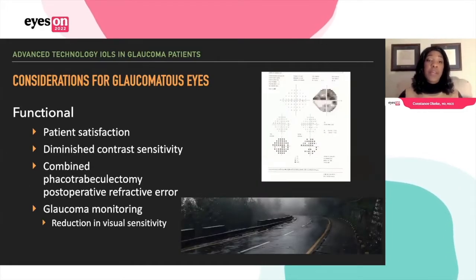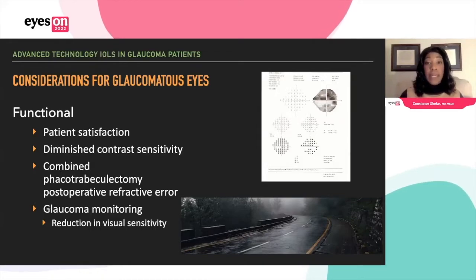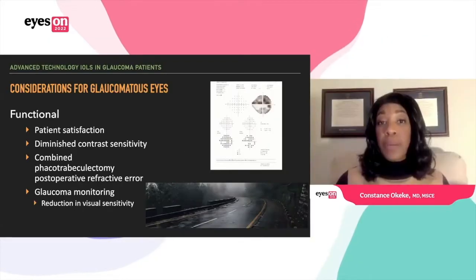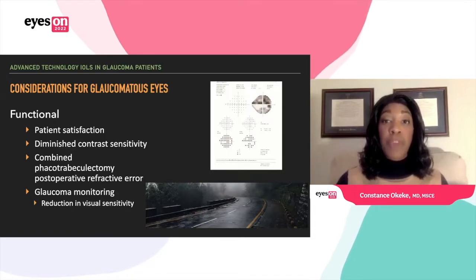In terms of functional status for glaucoma patients, we have to consider their overall satisfaction. Patients with glaucoma already can have decreased vision because of their glaucoma, so we want to make sure that we maximize and not minimize things. They can have decreased contrast sensitivity. Sometimes, if one wants to combine cataract surgery with certain glaucoma procedures like a trabeculectomy, there can be issues related to postoperative astigmatism or refractive error.